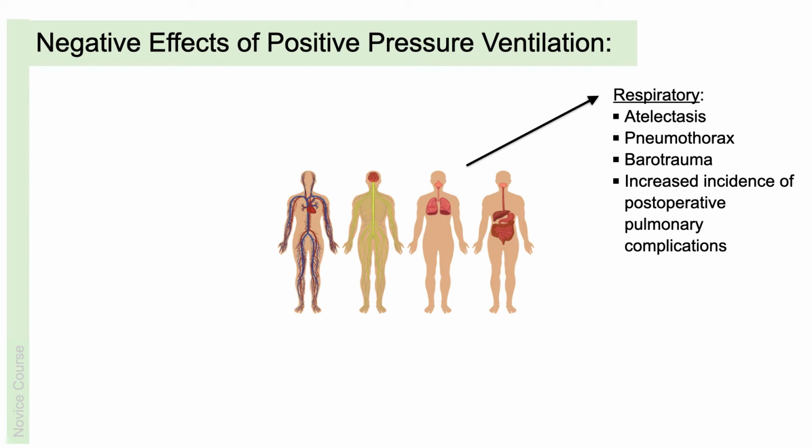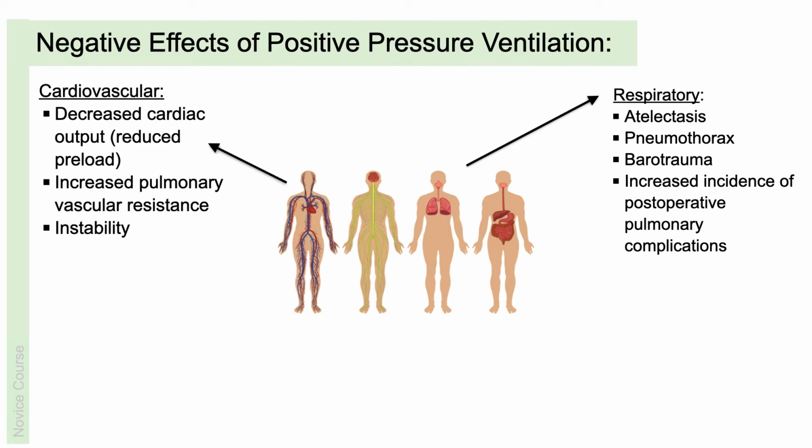And overall, patients who are positive pressure ventilated have an increased incidence of post-operative pulmonary complications, so lower respiratory tract infections, and even respiratory failure and acute respiratory distress syndrome. So all reasons why, if possible, it might be better to keep our patients breathing for themselves.